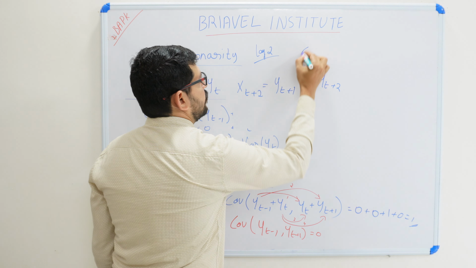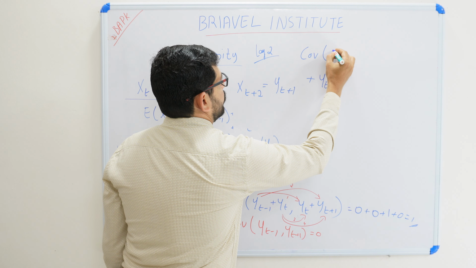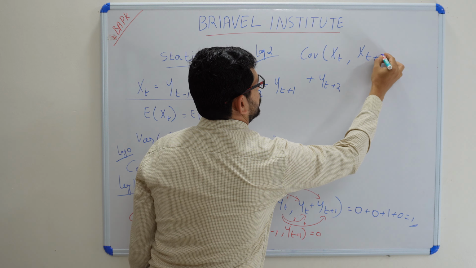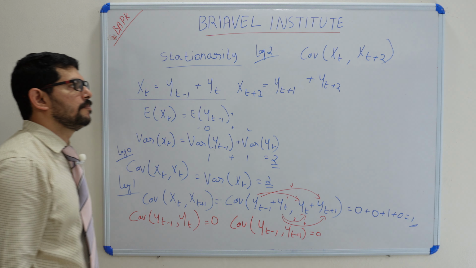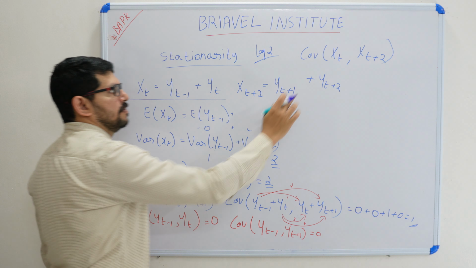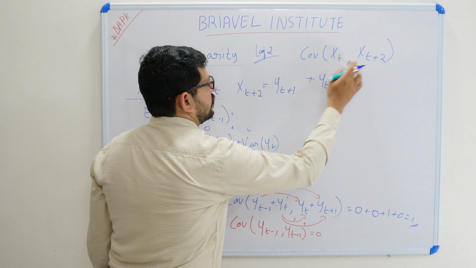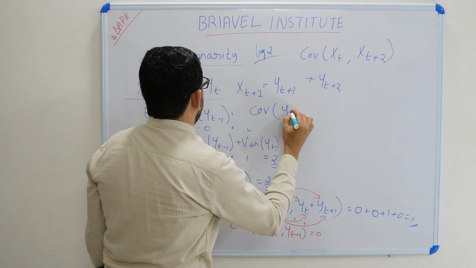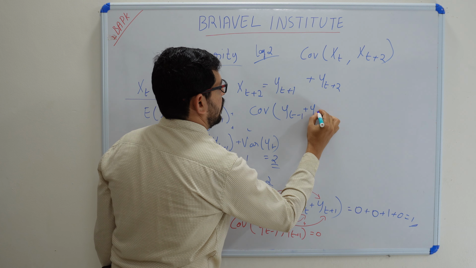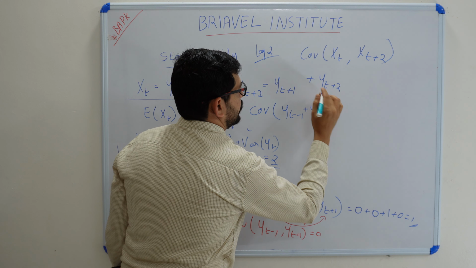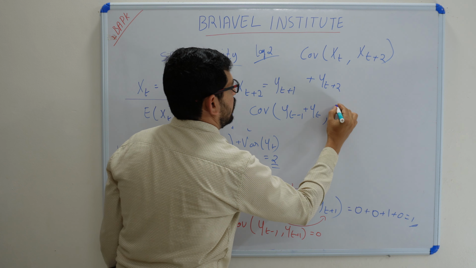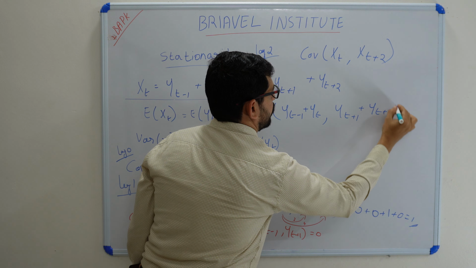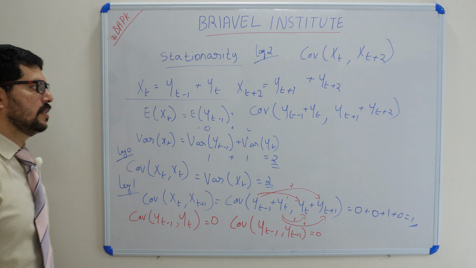So covariance of st is comparing with the st plus 2. Second lag. So st plus 2 we know. So covariance of st is yt minus 1 plus yt, and st plus 2 is yt plus 1 plus yt plus 2. Now we are writing the covariance.